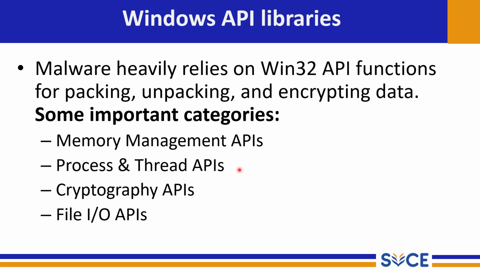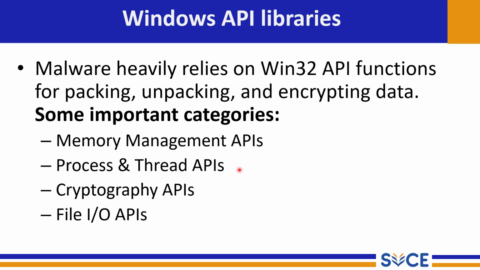Like if you take CryptAcquireContext, CryptEncrypt or CryptDecrypt, CryptImportKey, CryptGenRandom, all those come there. And next, malware encrypts its payload and communication via C2 traffic, right? We have already discussed that.